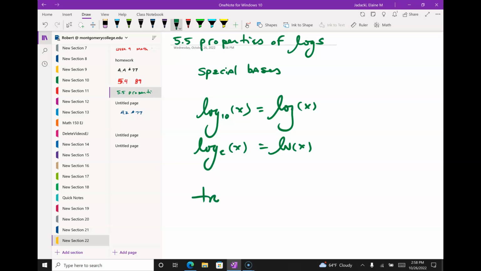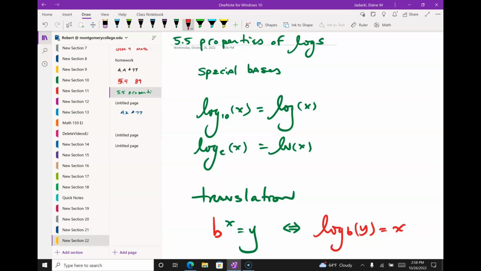We got our translation. If I give you b to the x equals y, that's equivalent to log base b of y is x. And all I'm saying there, notice the answer to a log problem is an exponent, right? The answer to the log problem is an exponent, yes?